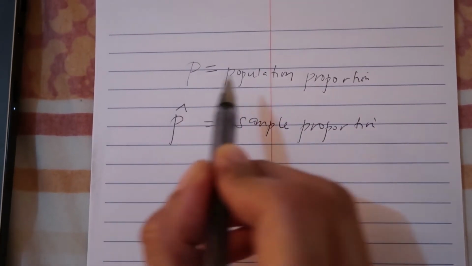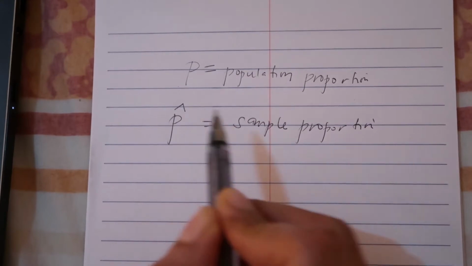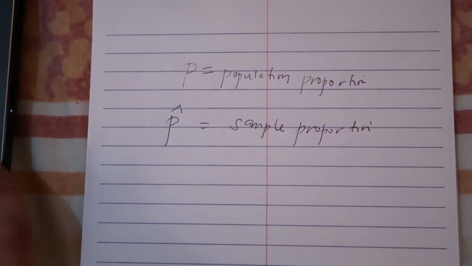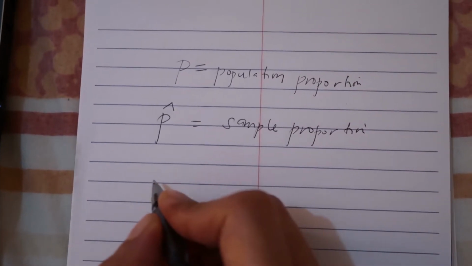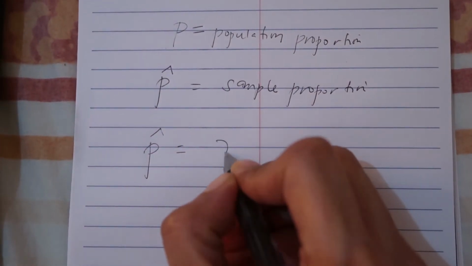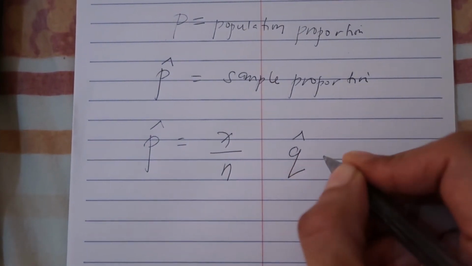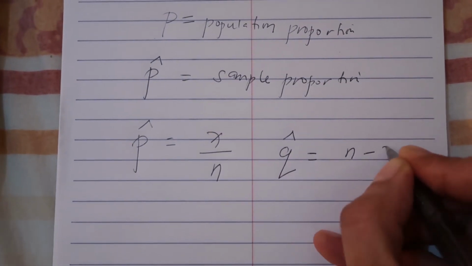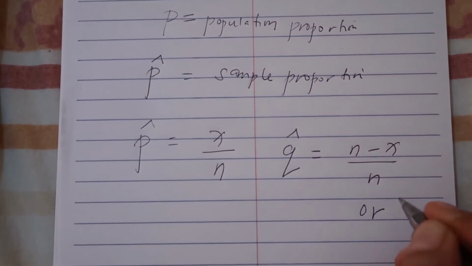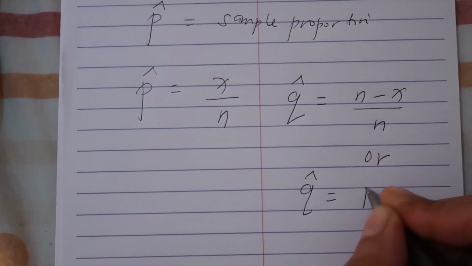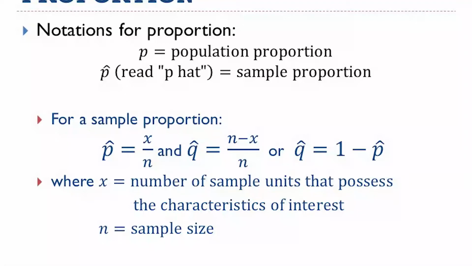For a sample proportion, to solve for it, that will be X over N, and then Q hat will be N minus X over N, or another formula is 1 minus P hat. When we say X, that is the number of sample units that possess a characteristic of interest, and N refers to the sample size.